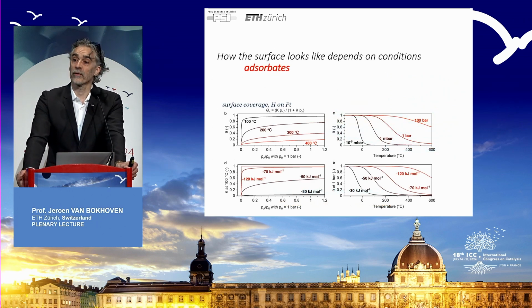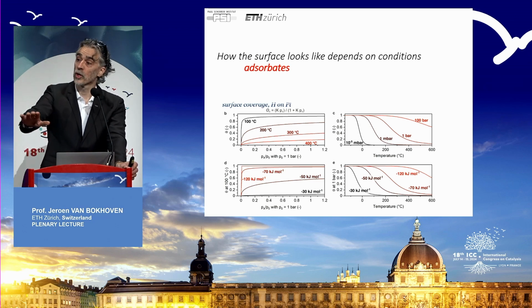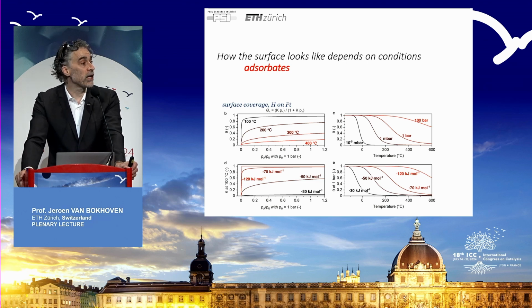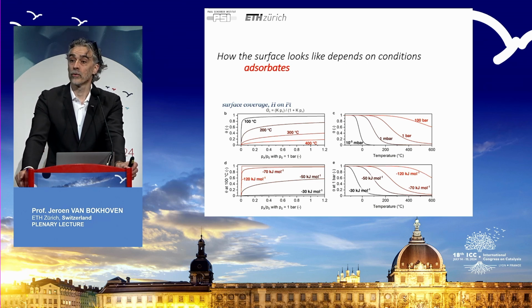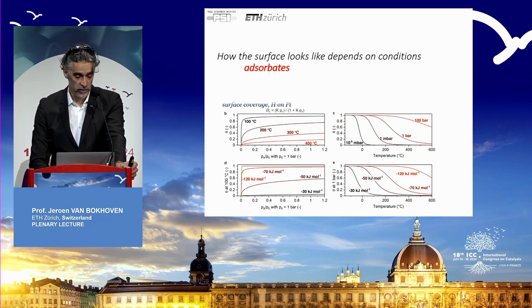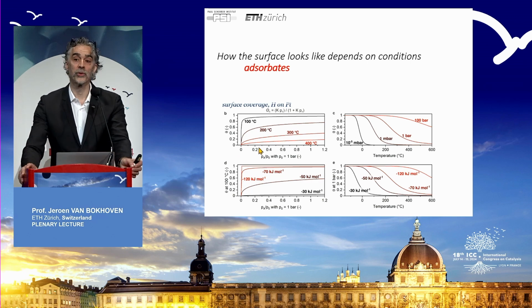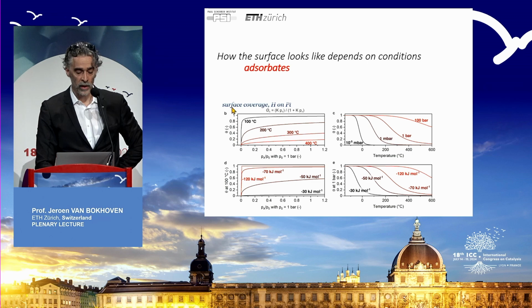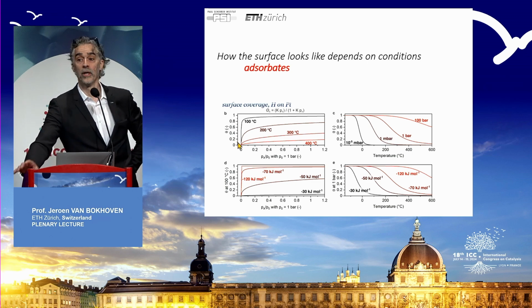But first, some background. As I said, catalytic reactions involve adsorption, surface reaction, and desorption. The surface of a catalyst is really a function of the conditions. To illustrate that, I show you some very simple examples of a Langmuir isotherm where, as a function of pressure, I look at the coverage on the surface.